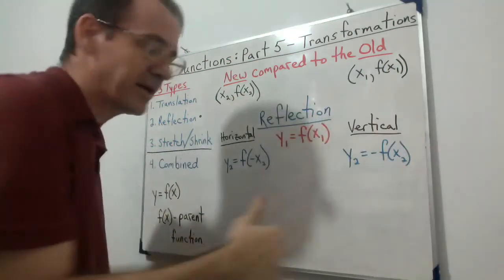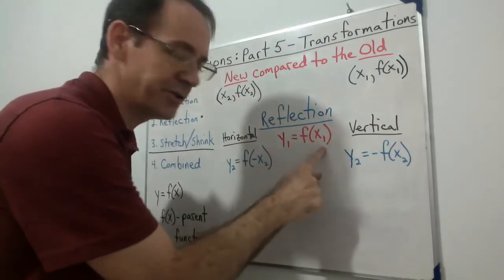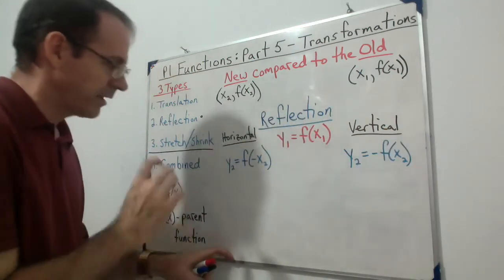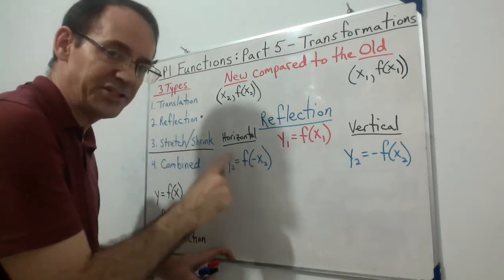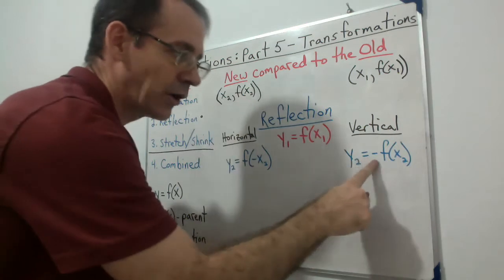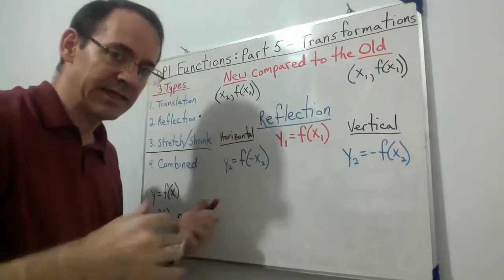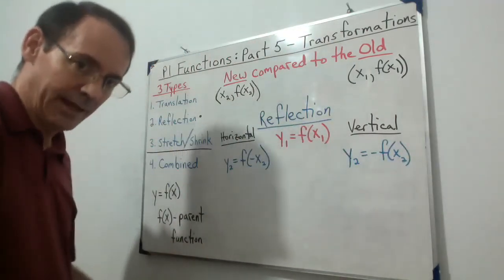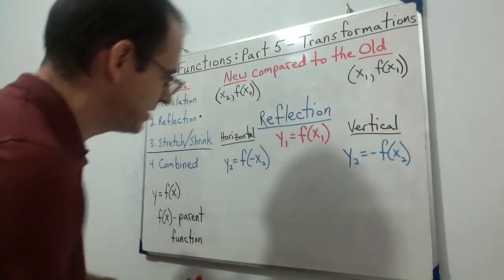So we're going back to the algebraic reflection. Here's our original function. And we also have horizontal and vertical. This time with reflection, we're dealing with a change of sign on either the x variable or the y variable. So let's follow our algebraic thinking again, taking the new compared to the old, and we'll see how this pans out.